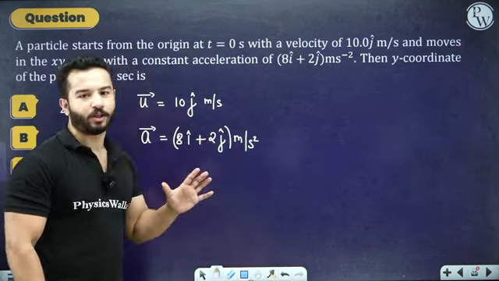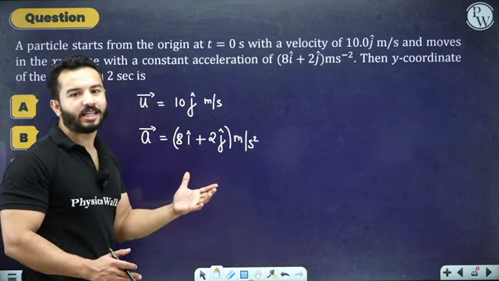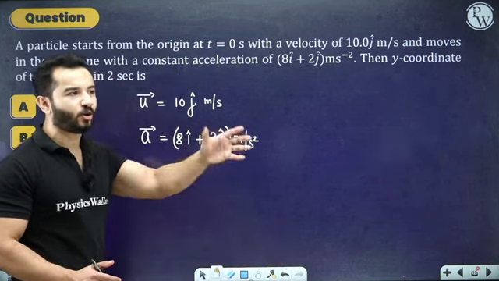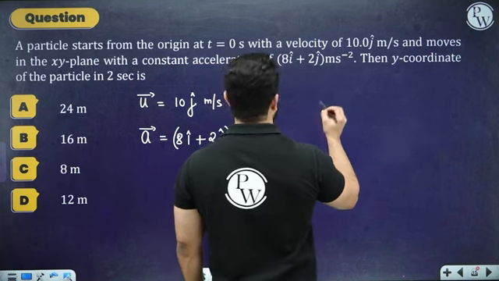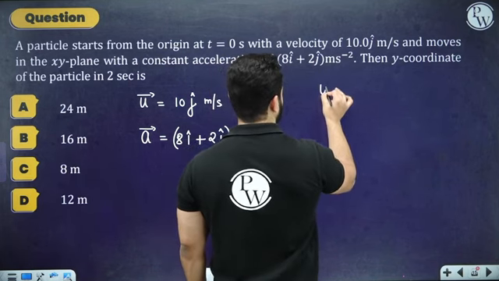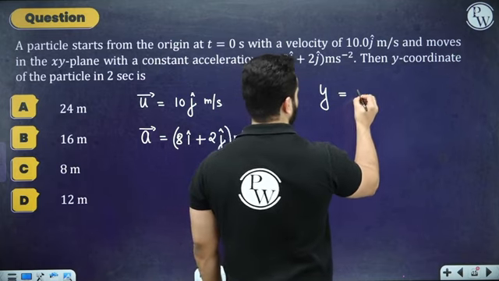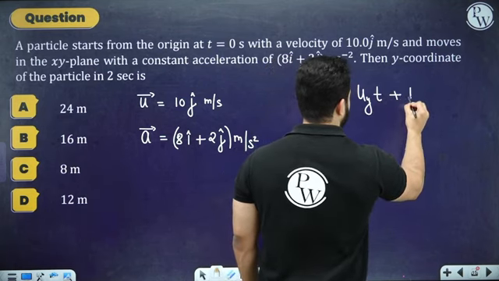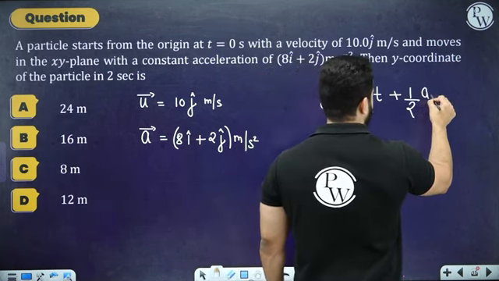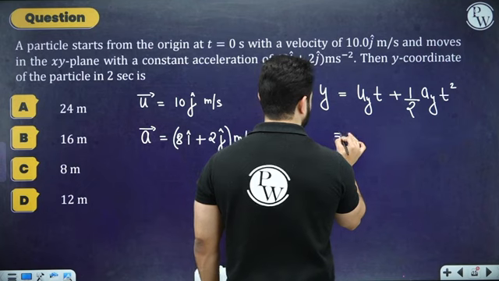So if you want to find out the y coordinate, please don't worry about the 8 i cap. It has got nothing to do with the things that are along the x axis, right? So we have to just write for y coordinate at 2 seconds: y equals uy into t plus half ay into t square. That's it. This is what you need to do.